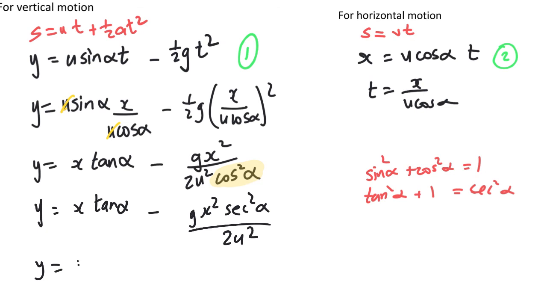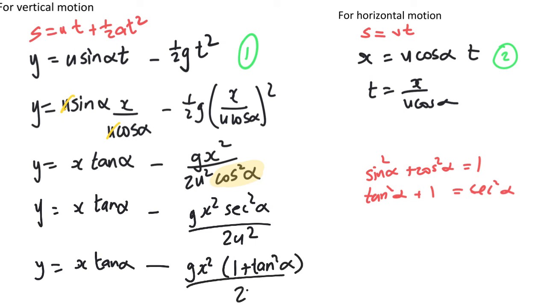So we have y equals x tan alpha minus gx squared times 1 plus tan squared alpha over 2u squared. Now this is an examinable proof, so you should learn this. And what we've got is 4 variables: x, y, u and alpha. If 3 are known, then the 4th can be worked out.